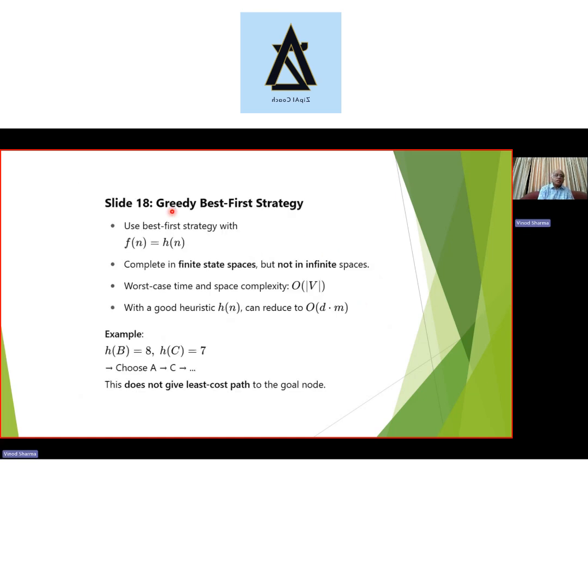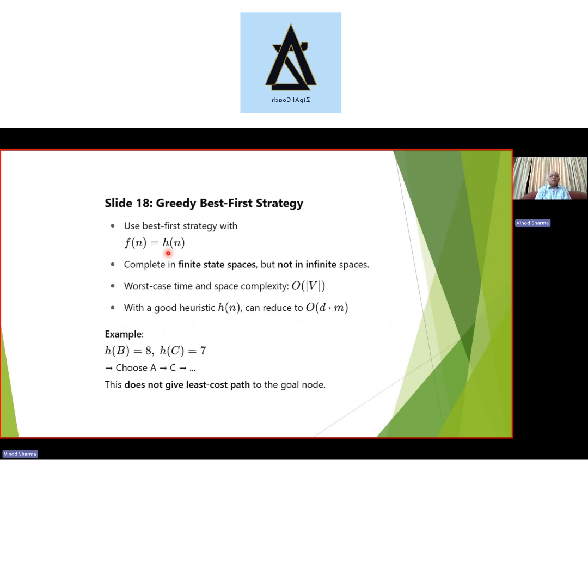In this case, the greedy best first strategy is to choose f(n) to be equal to h(n). h(n) is, at node n, the estimated cost to go from n to the goal state. We are saying estimate, it's a guess. It may not be the exact cost, because if it is the exact cost, then you can just go to the node which has the minimum cost to the destination.